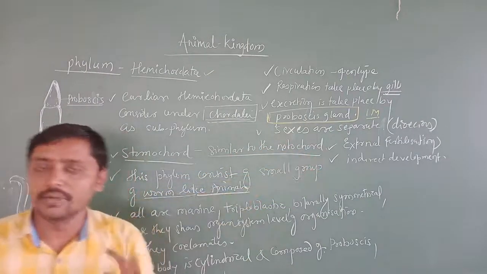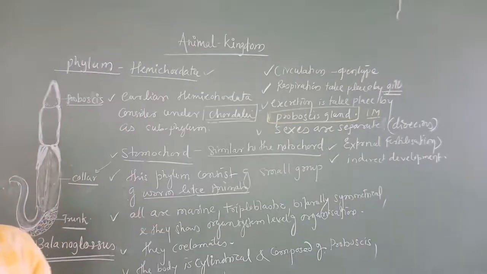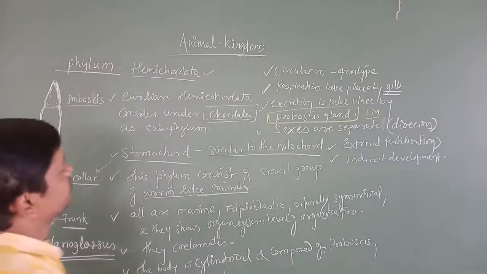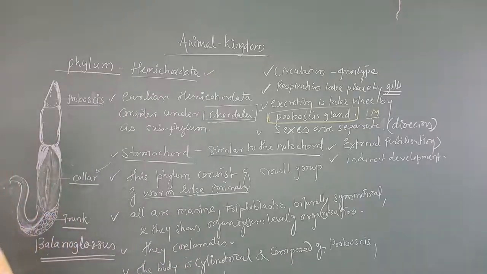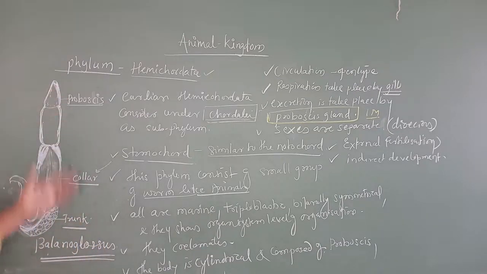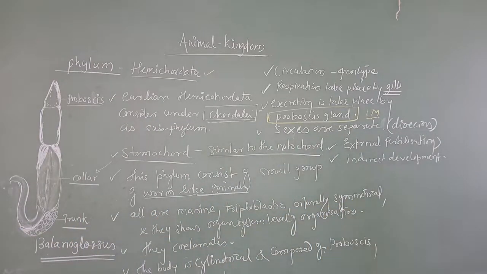External fertilization takes place outside the body of an organism, and indirect development means a larval stage is present during the development. This is regarding the phylum Hemichordata, and this worm-like animal is named Balanoglossus.